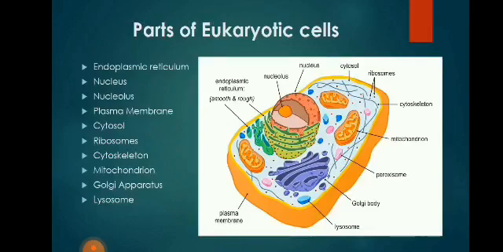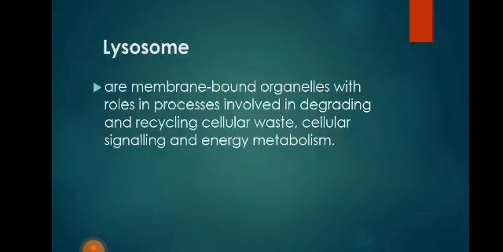Parts of eukaryotic cells include endoplasmic reticulum, nucleus, nucleolus, plasma membrane, cytosol, ribosome, cytoskeleton, mitochondrion, Golgi apparatus, and lysosome.